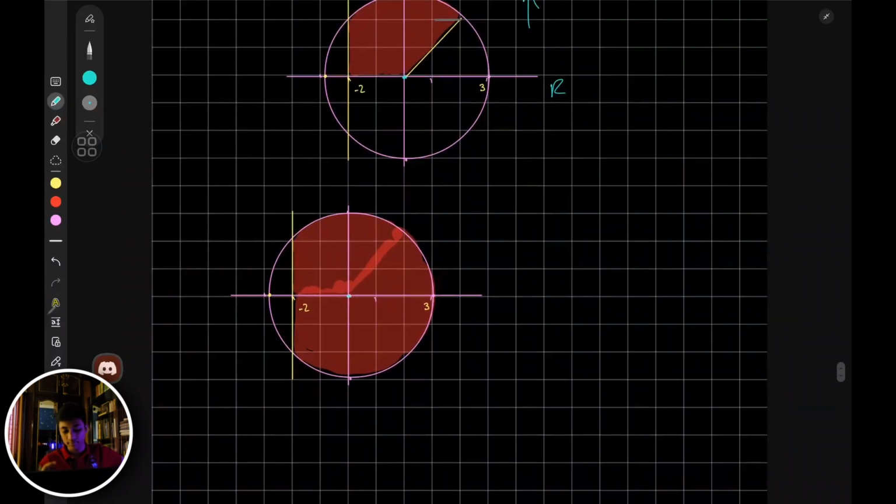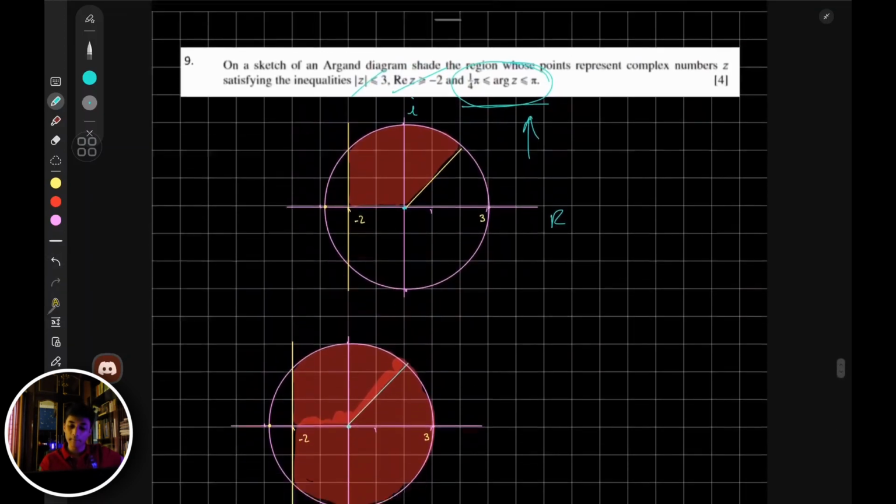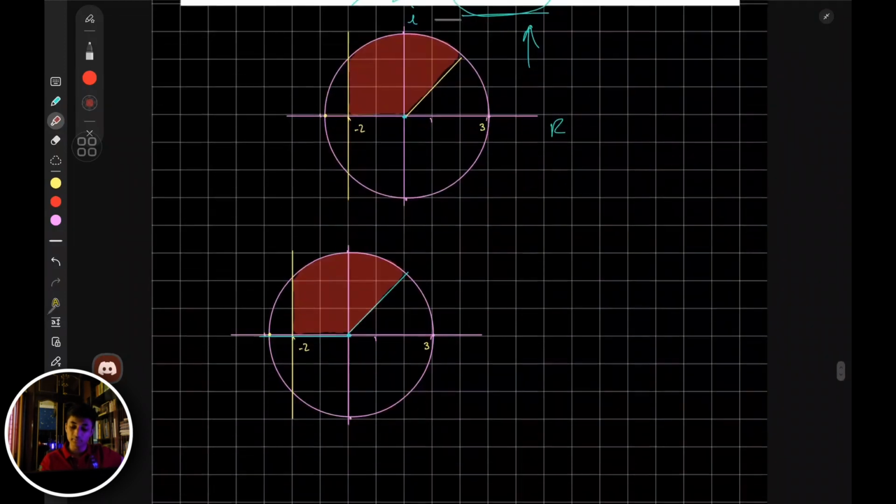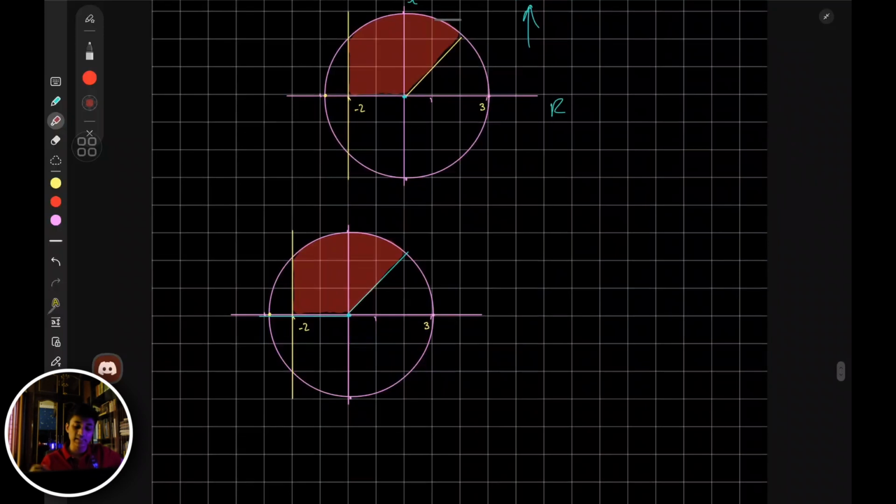Meaning, where is the argument going to be? Pi by 4 is going to bisect this quadrant, like this. And where is pi? Pi is supposed to be over here. Meaning, after considering the inequality, the complex number z can only be in this part of the circle, where z can make a theta, or argument, between pi and pi by 4.